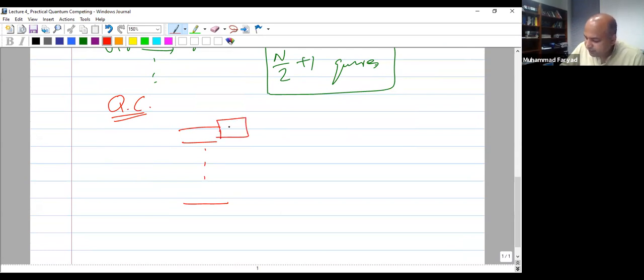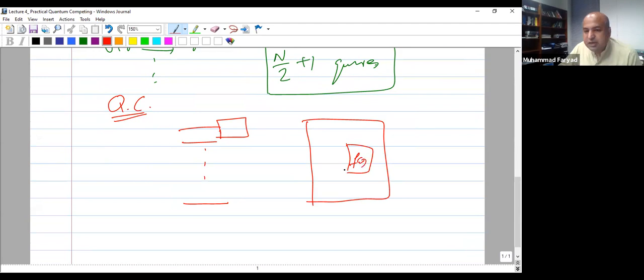So let's say there is a black box function, which is implemented in some other box, which we will call oracle. In this oracle, there is this f of x that is being implemented.